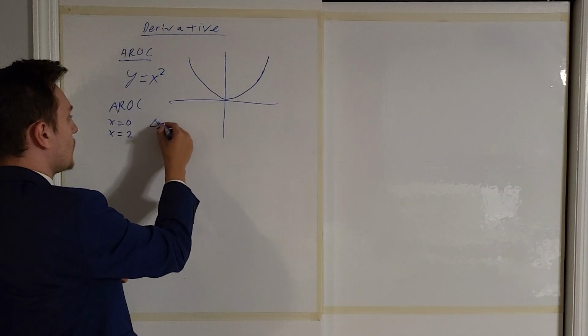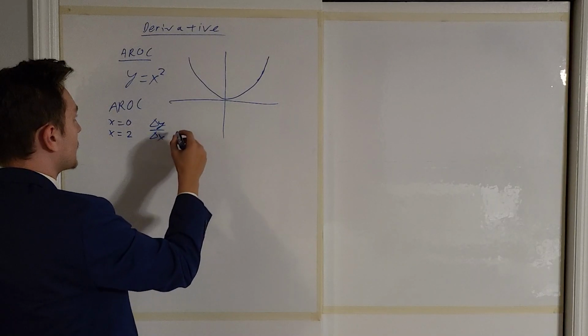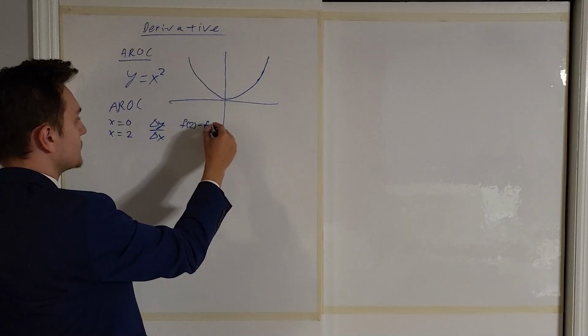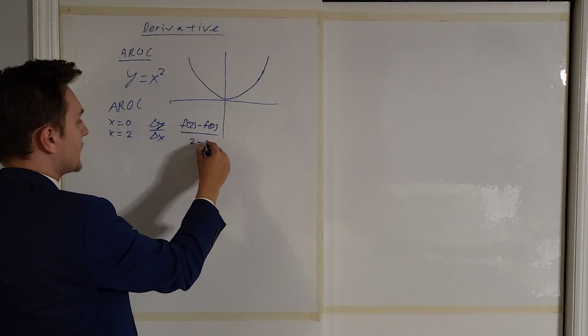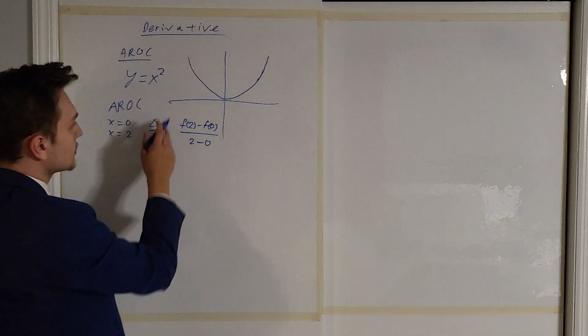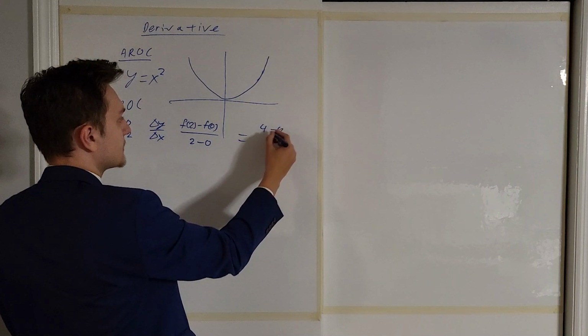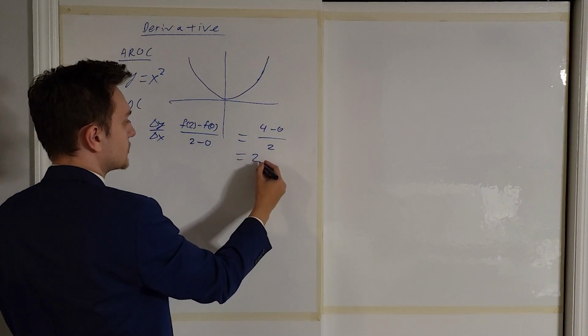So I'd find change in y over change in x. So I would find f of 2 minus f of 0 over 2 minus 0. Okay? 2 squared is 4, 0 squared is 0, so this would become 4 minus 0 over 2 equals 2.